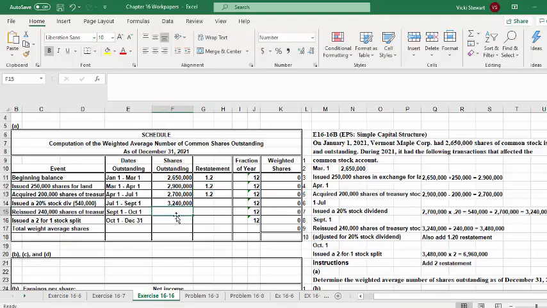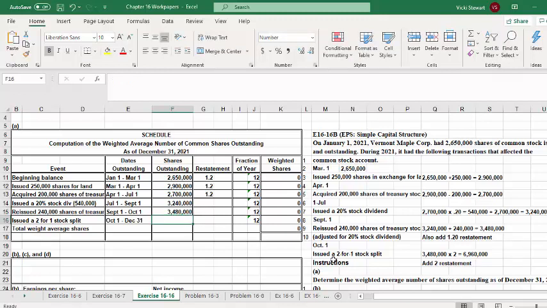Next, it states on September 1st that we reissued 240,000 shares of treasury stock. So that means that we would add the 240,000 to the 3,240,000 that we already had. So now we're going to have outstanding 3,480,000 shares.